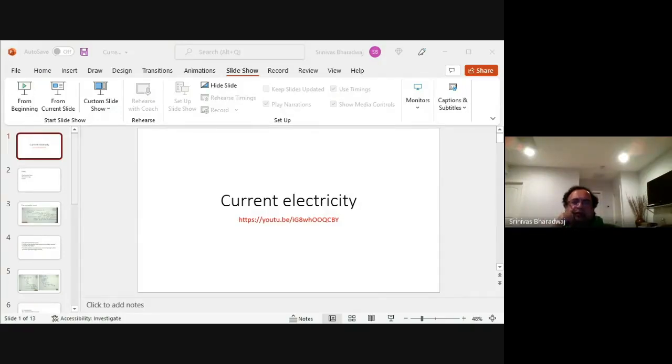Now, as you know, W equals EQ. From that you can derive, where E is the EMF, the voltage, voltage times charge is joules.